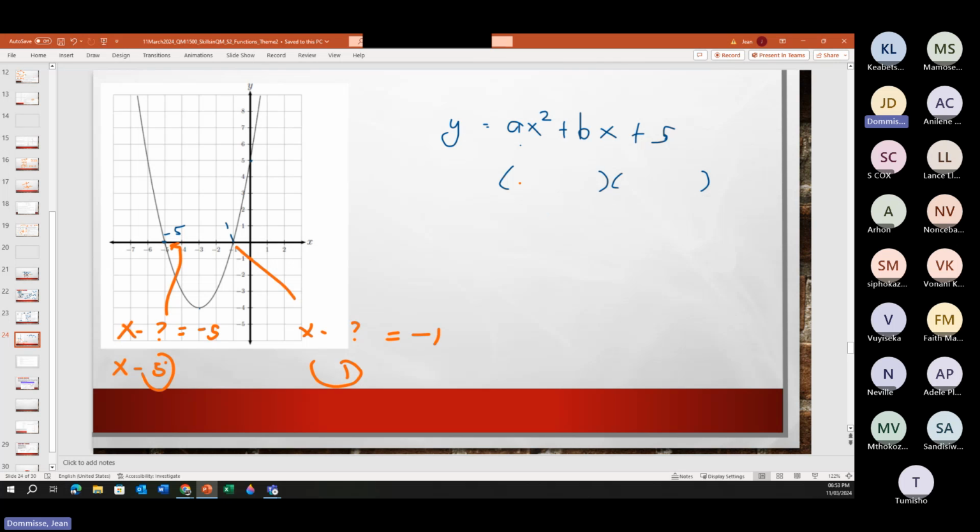Okay, so x plus 5, I said that because x plus 5 would be equal to 0 when x is equal to -5. So I just tried it now to work it from the other side around. So this one will then be x plus 1.